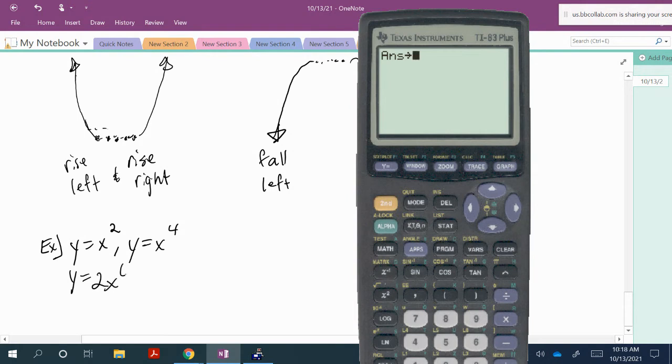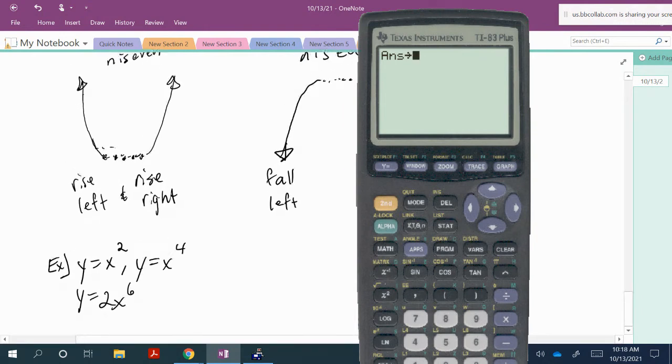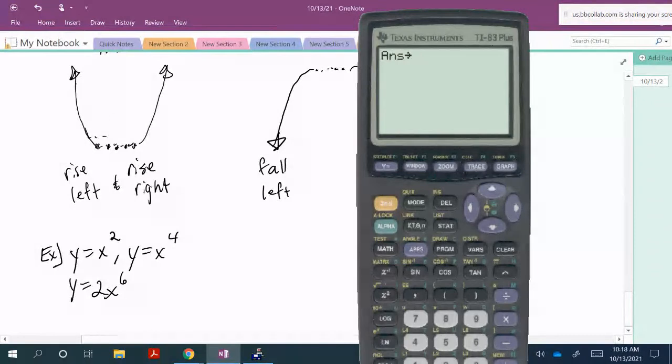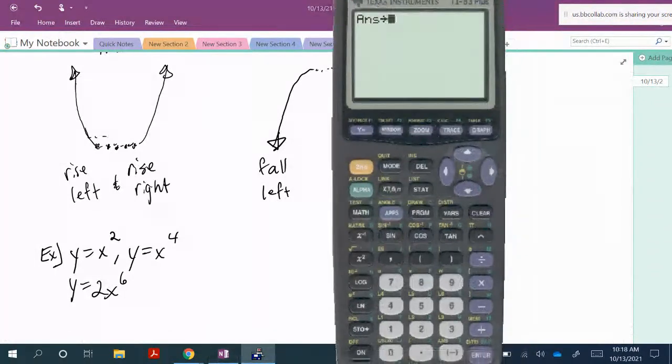So let's say this can even be 2x to the 6. If I were to graph 2x to the 6, it should take on this general form. It should rise to the left and rise to the right. So I'm going to go back to y equals and put in 2x raised to the 6. And notice that it rises to the left and it rises to the right. So the only thing we're concerned about is the end behavior.